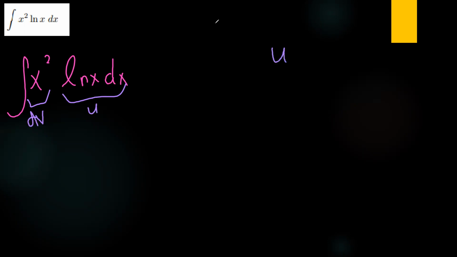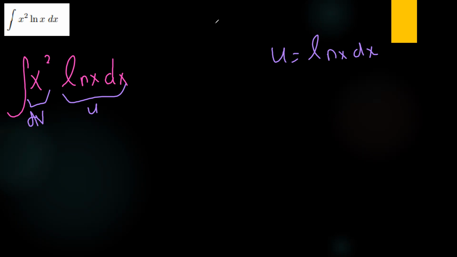Then, if u is ln x, ask yourself for ln: what did you know for ln? Did you know its integration or its derivative? Lesson 2 and lesson 3 in chapter 6.